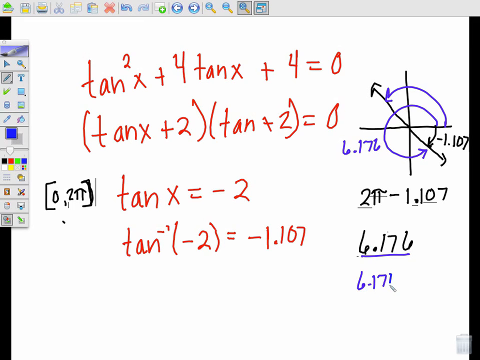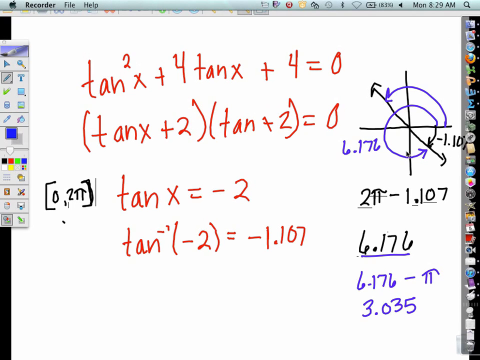Now for me to find the one in quadrant 2, I need to just take that answer and subtract pi. So if I take 6.176 and I subtract pi, I'm going to get 3.034.